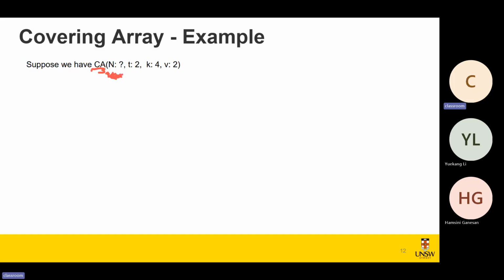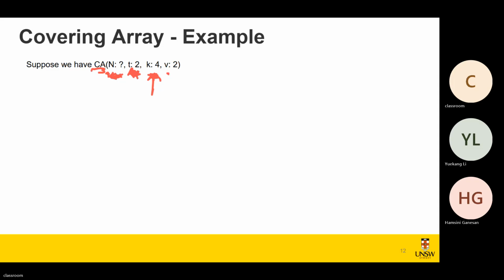N stands for the number of test cases. Do you still remember the value of T? T stands for interaction level, and K stands for the number of input parameters. So we have 4 input parameters.